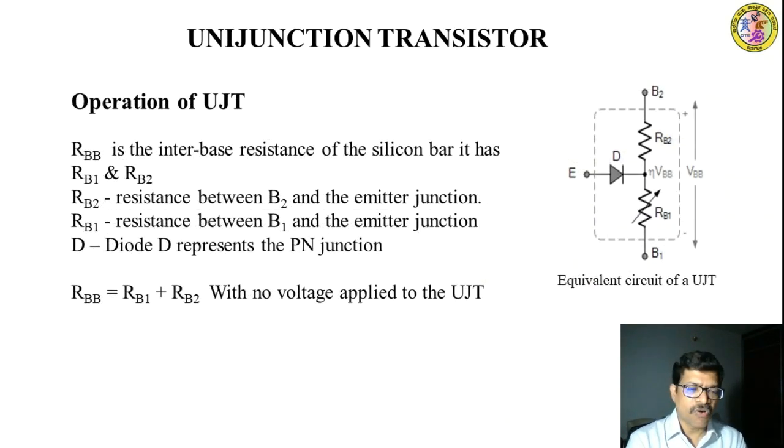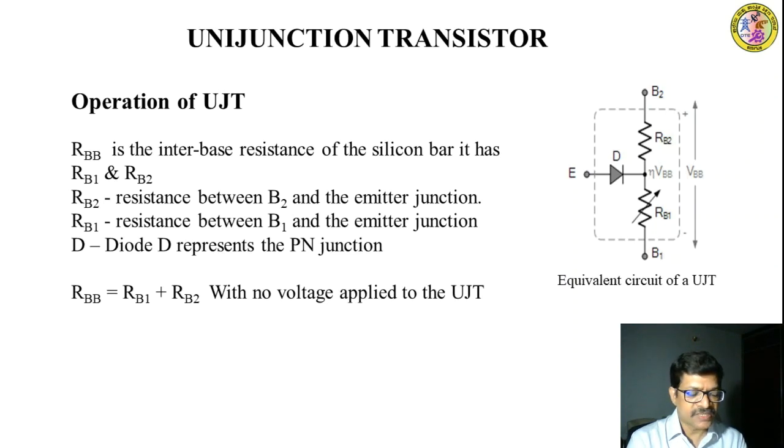The operation of UJT. The figure shows the equivalent circuit of a UJT. The resistance of the silicon bar is called the interbase resistance RBB.